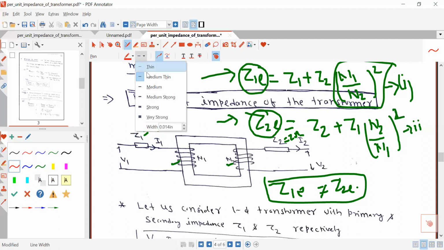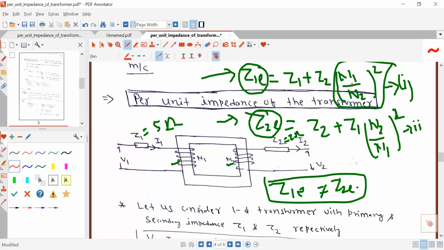This total impedance is dependent on the value of turn ratio, and without the information of turn ratio, you cannot calculate total impedance. And the second thing is that the total impedance referred to the primary will not be equal to the total impedance referred to the secondary.